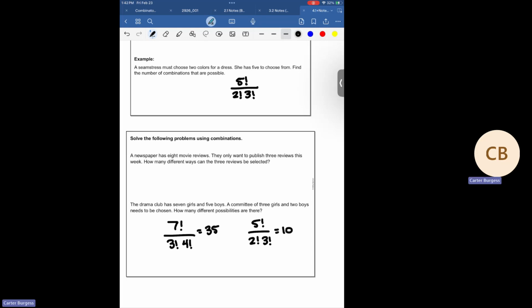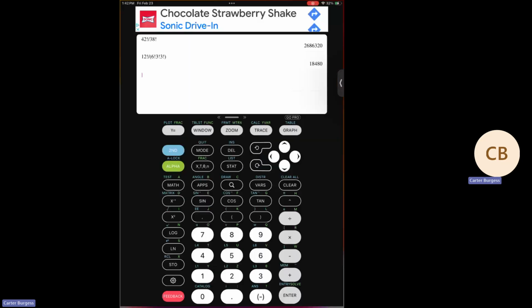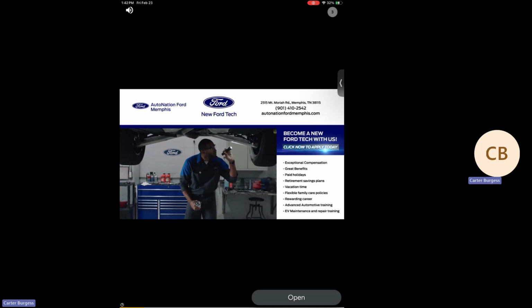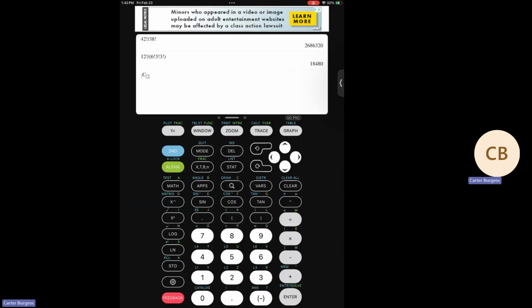By the way, you can go through your calculator and plug in 7 factorial divided by 3 factorial, 4 factorial. That's fine. Nothing wrong with that. I can also go to nCr, and this is, we said 7, and we want to choose 3, 35.